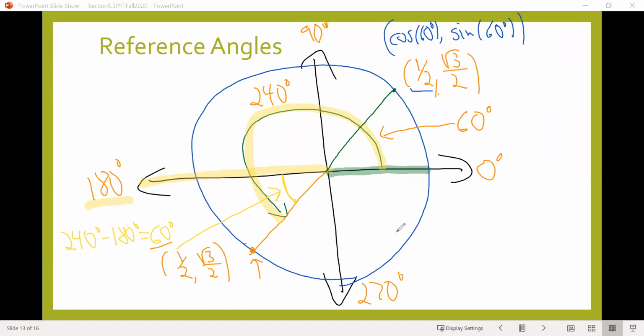Well, we're down here in the third quadrant. So we're looking at x values along here, y values along here, and hopefully you would agree with me that in both of those cases they are negative. So for 240 degrees, we now know that the cosine is negative 1/2 and the sine is negative root 3 over 2. And again, we could figure that out using reference angles.